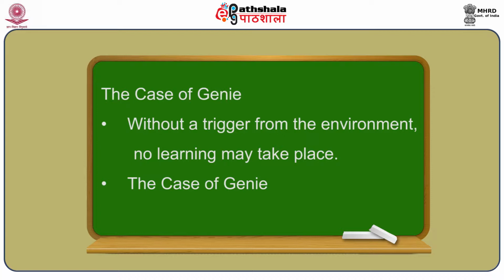Why is context so important? The famous example in this case is the case of Genie. The case of Genie is the case of a very unfortunate girl who, by a very cruel father, was tied to a sort of potty chair with chains for over 10 or 12 years maybe.